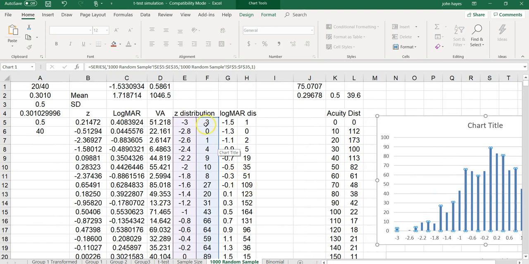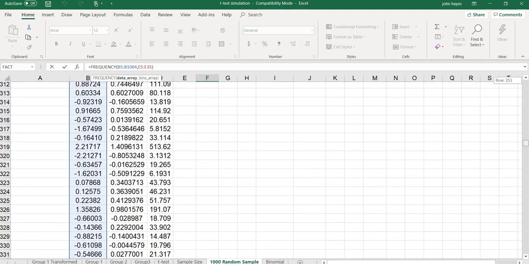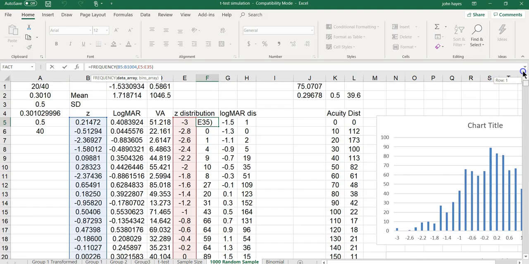Remember, we get that by taking a frequency, and here we have the data that goes down 1,000 samples, and the frequency is calculated here, and then the numbers beside it. So you can see it's bell-shaped. And then we convert to logMAR.